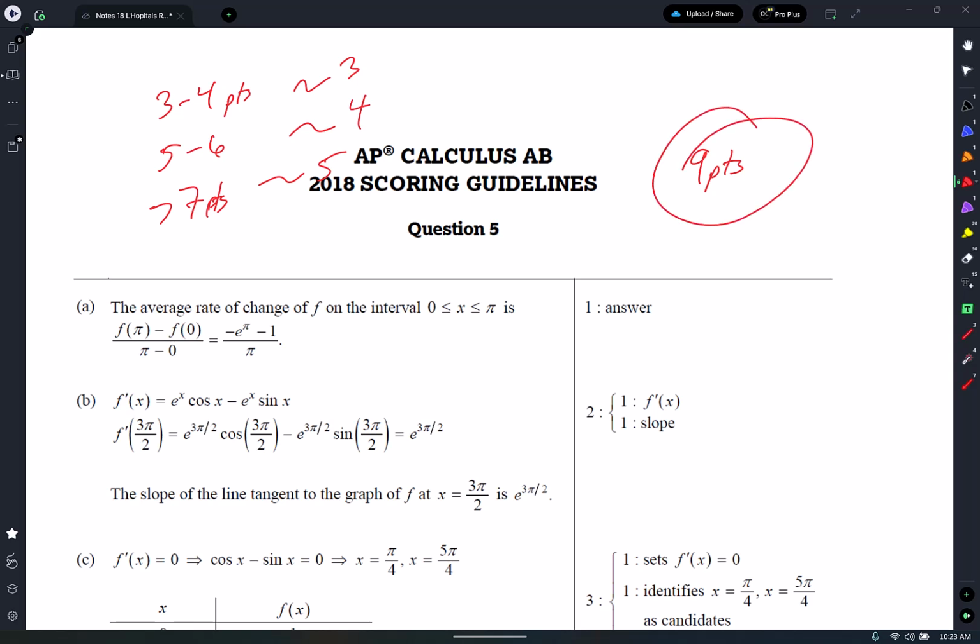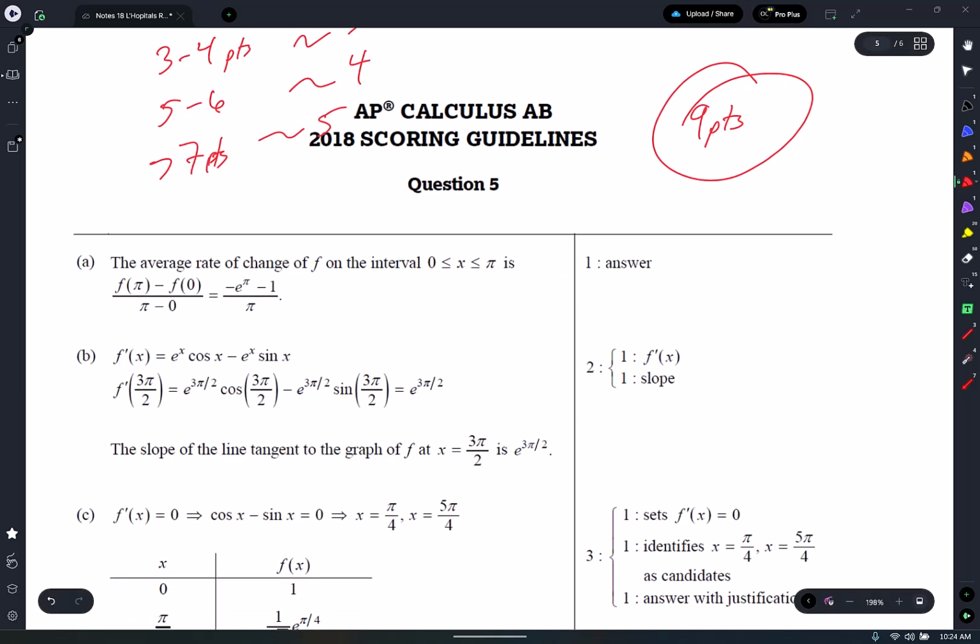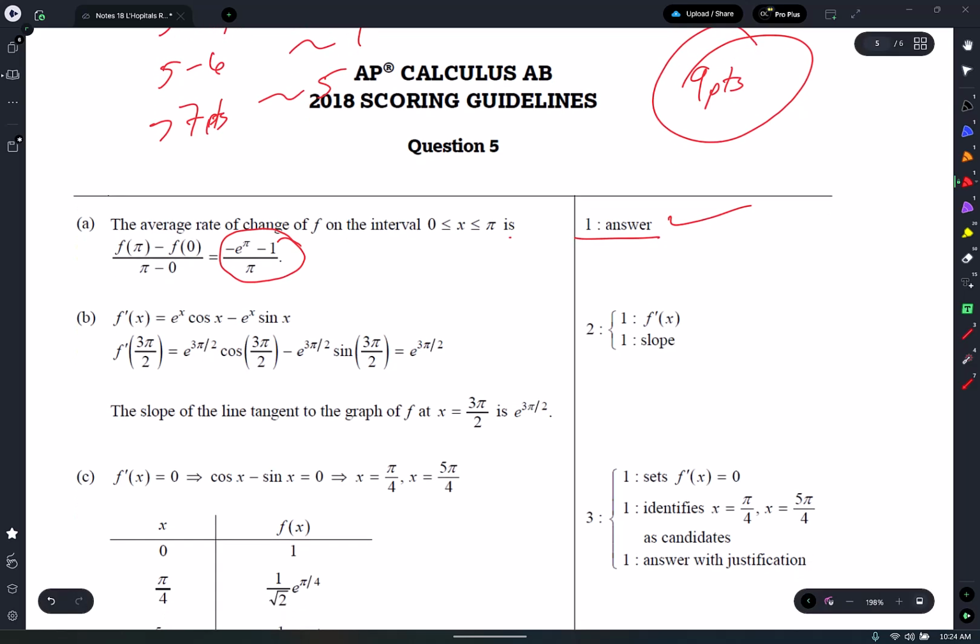Let's see how many points we got. The average rate of change of f on the interval 0 to pi, did we get this answer? We got a point. Cool? All right, letter B. They give you a point for the derivative and a point for the slope. So letter B is worth 2 points. Did we get the derivative to be this?